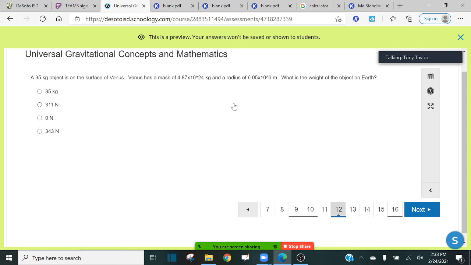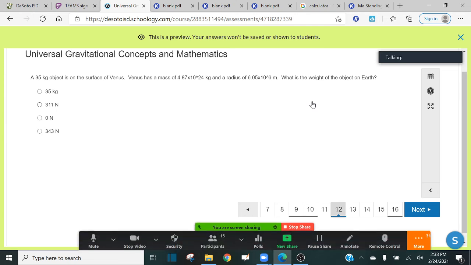And that's your answer for number 12, where it says, what is the weight of the object here on Earth? Y'all got that?